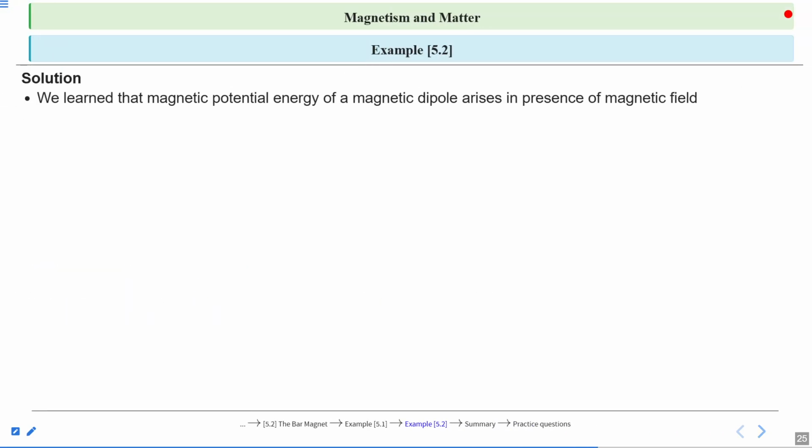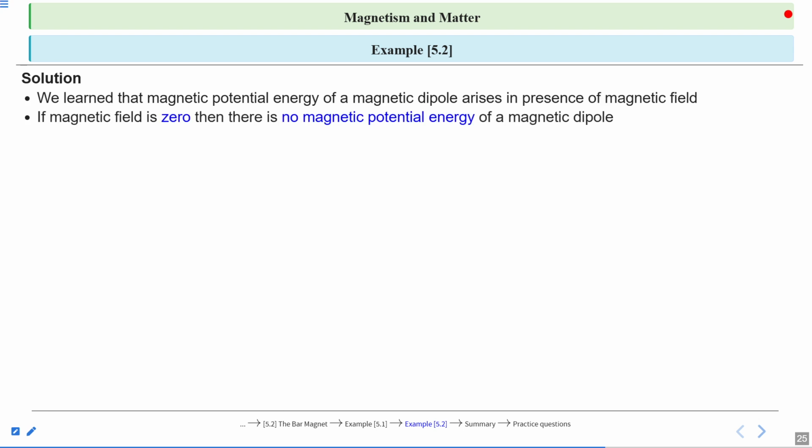First, the solution. We learned that the magnetic potential energy of a magnetic dipole arises in the presence of a magnetic field. If there is a magnetic field, then only will there be potential energy stored in the magnetic dipole. If the magnetic field is zero, then there is no magnetic potential energy.